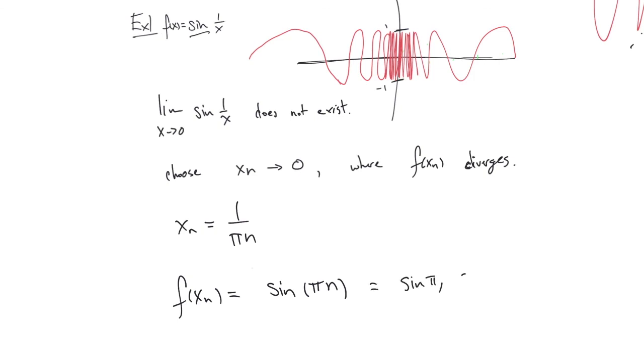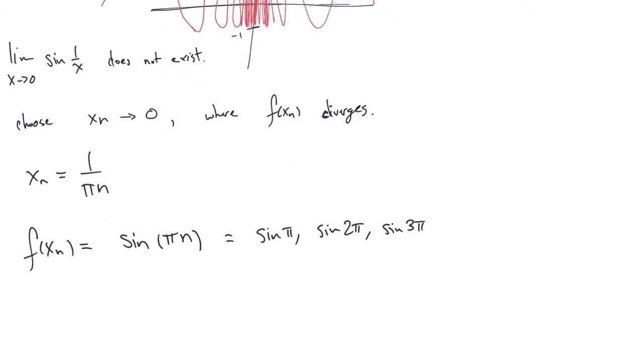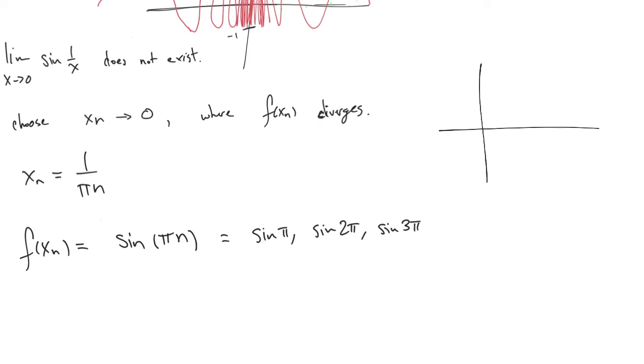Sine of pi, sine of 2 pi. Actually, it's even better than that. These ones are all 0, right? The graph of sine is this. Yeah, so these are all 0.